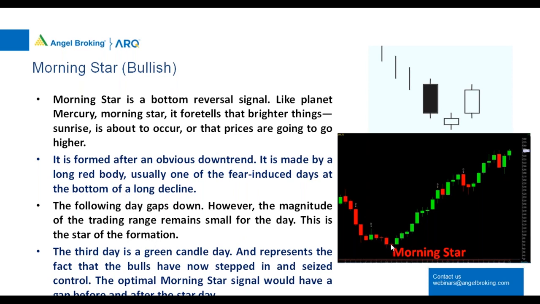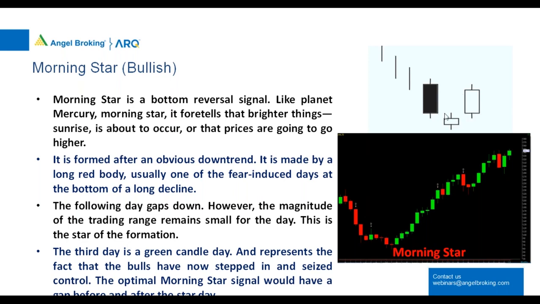So a star, what will happen? See here, this is a better example. You have a downtrend, then you have the next candle, see the body. This body does not engulf or get into the body of this. It is not somewhere here, it is here. And then again you have the next day, which is the up day. Again the body is not inside this. So this is an example of a perfect star, where the body of the second candle does not enter into the body of the first candle or the body of the third candle.